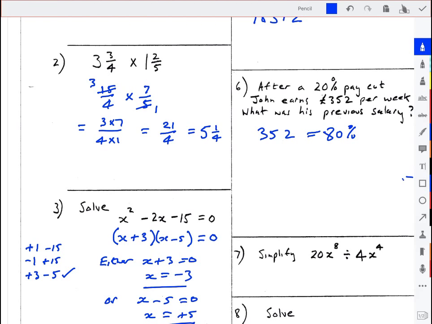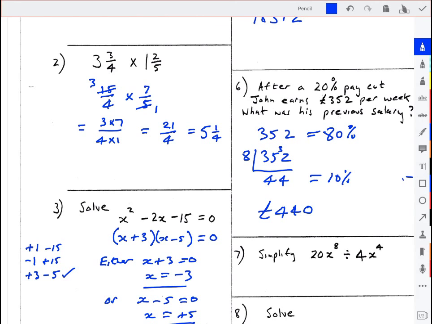Let's divide by 8 and then we'll have 10%. 352 divided by 8. 4 8s are 32, 3 left over, 4 8s are 32. So that's 10%. So if I multiply that by 10, I'll have 100%, which gives us £440 for his original salary.